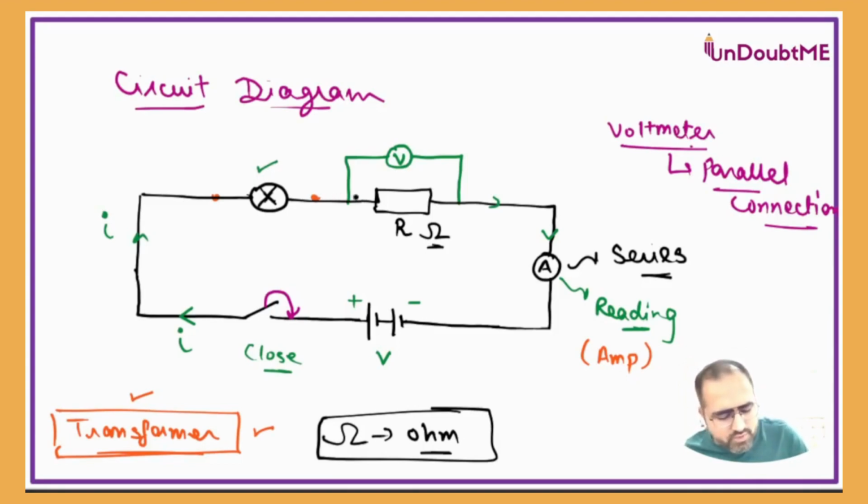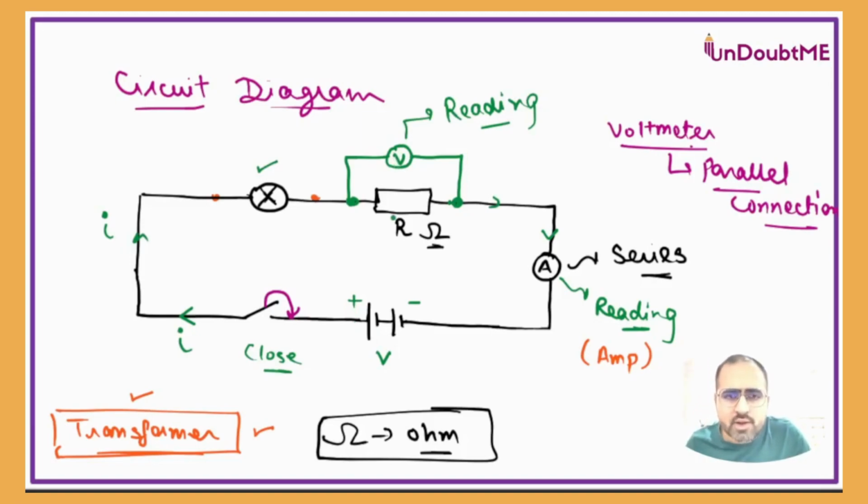So when current goes through the resistor, since the voltmeter is applied across the resistor, this voltmeter will start showing some reading. That reading of the voltmeter will give me how much voltage there is across this resistor. The voltmeter will never give you the reading for the full circuit. That you can see from the battery, what the battery is supplying, which is for the full circuit.